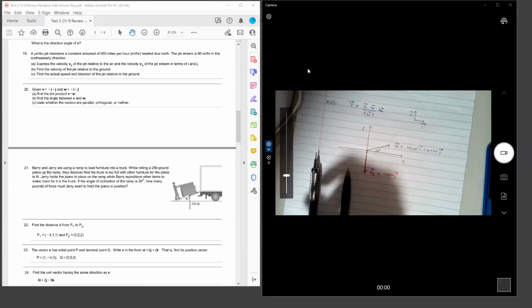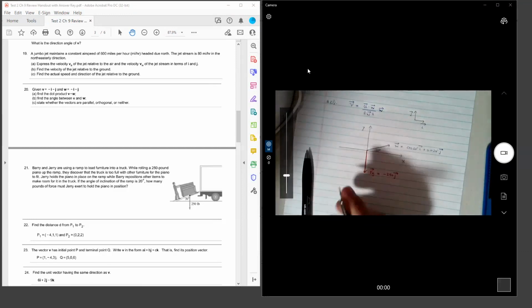Okay, so I'm going to call that the vector V, which is going to be the force due to gravity projected onto the vector that represents the ramp, which will look like that in symbol.